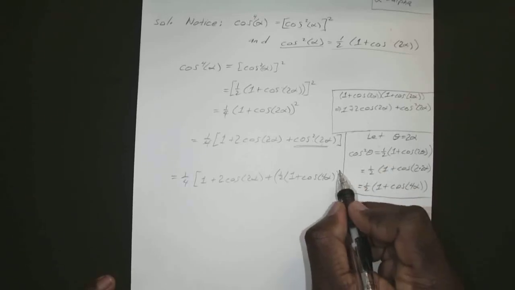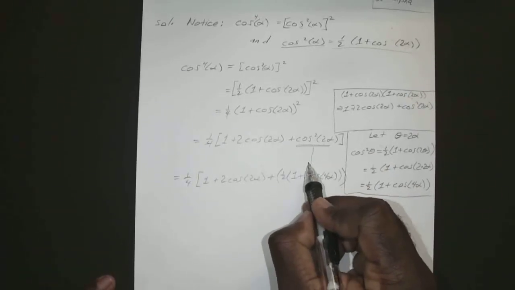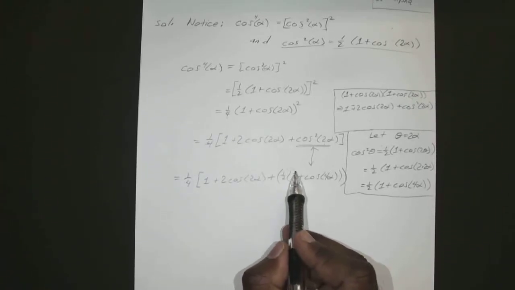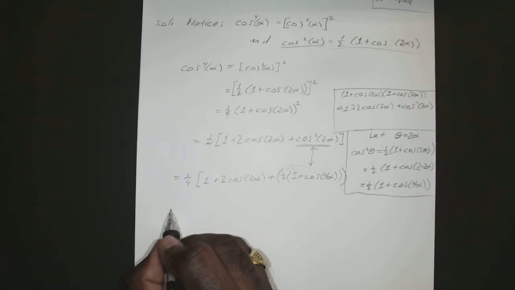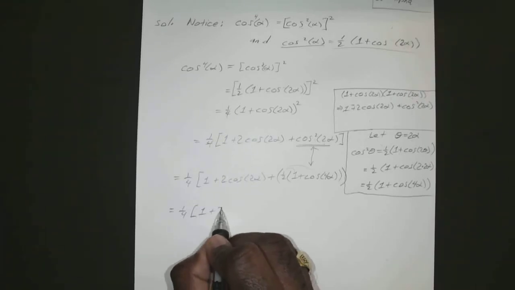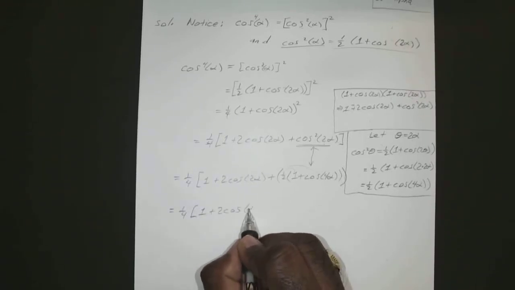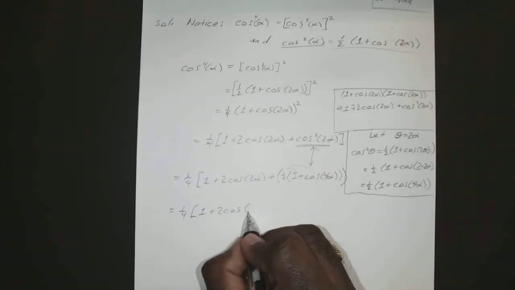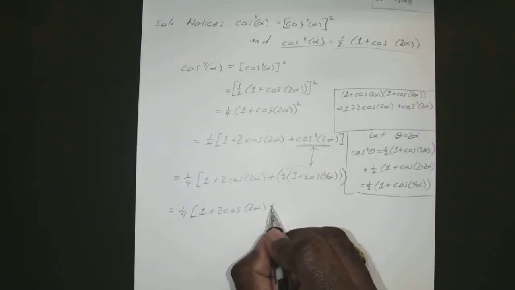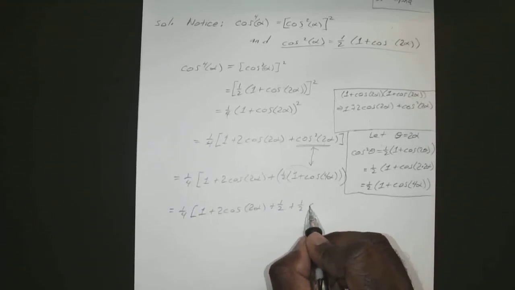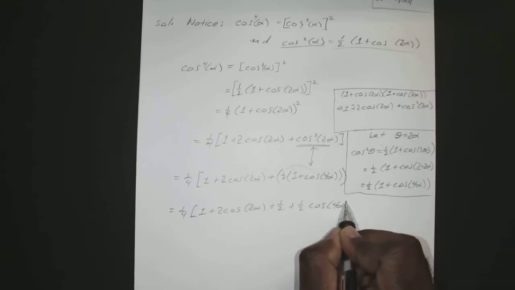So if we go ahead and distribute our 1/2 here, that's 1/4 times 1 plus 2 cosine of 2 alpha plus 1/2 plus 1/2 cosine of 4 alpha.